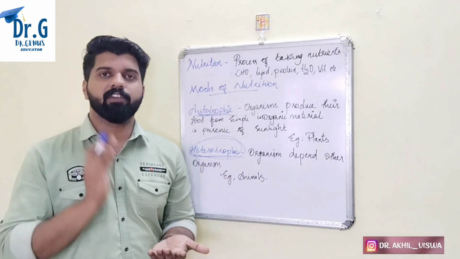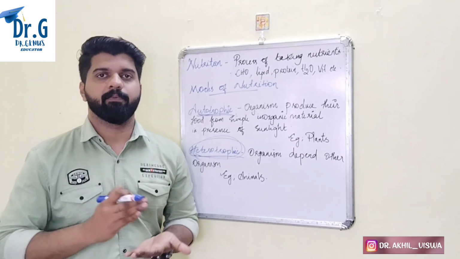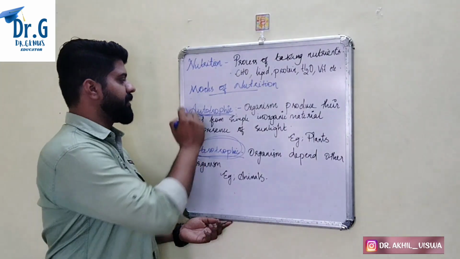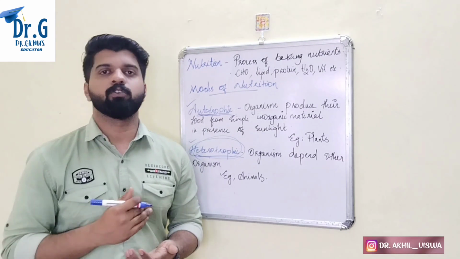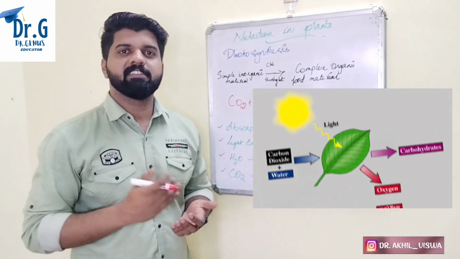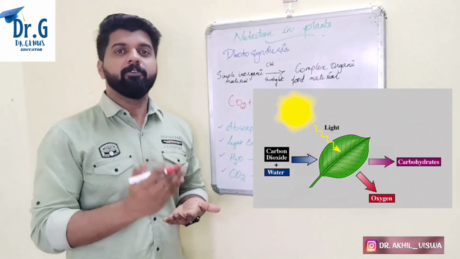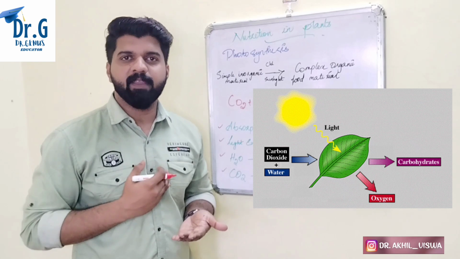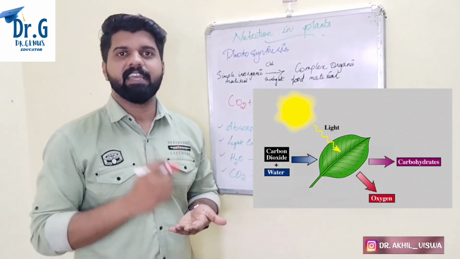For example, all the organisms except plants are heterotrophic. So these are the two modes of nutrition, autotrophic and heterotrophic. Now let's see what photosynthesis means. The nutrition in plants happens by the autotrophic mode, preparing their own food materials with the help of carbon dioxide, sunlight and water.